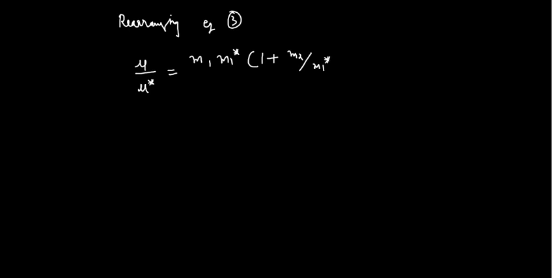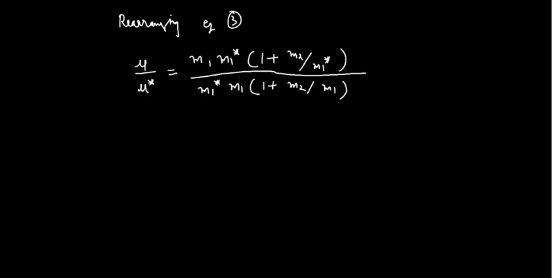For this you need to know a little bit of your secondary algebra, which you studied in class 9th and 10th. Then M1 star was already there, and I am taking M1 as common, so inside the bracket we will have M2 divided by M1. This is how we can do that.